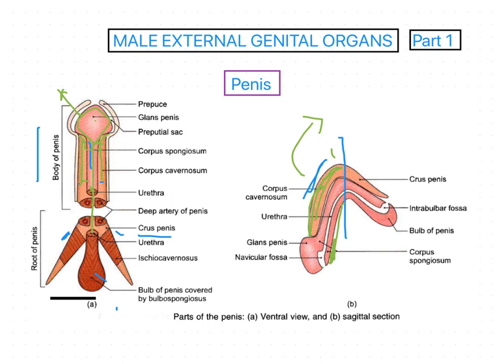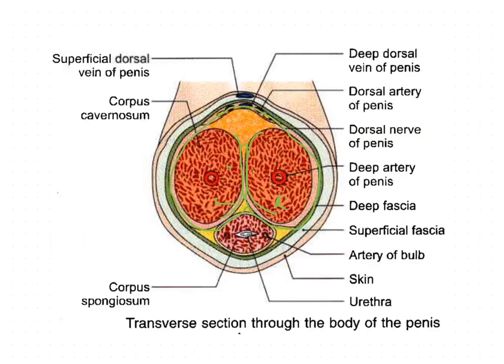So those things we can see in the transverse section. Here, this is the superficial fascia. Actually I have mentioned that the penis doesn't have any deep fascia. The membranous layer of the superficial fascia is continued over the penis, isn't it?